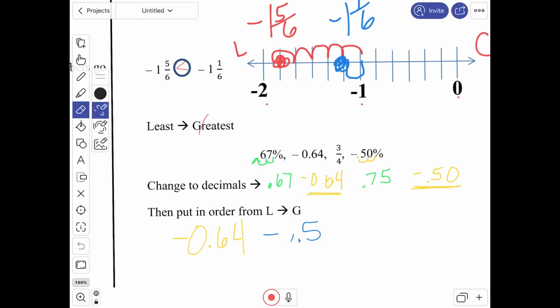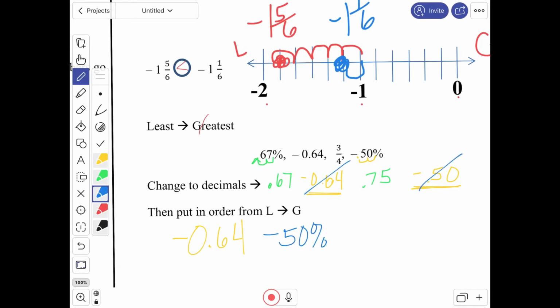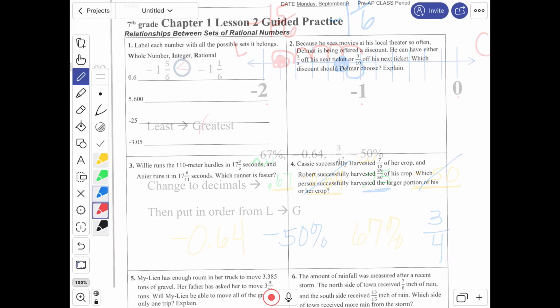I do want to write it in what it was originally. Originally it was 50%, so write it as 50%. So I've used those two, and now I'm just comparing the two positive numbers. And the smaller is going to be the 0.67, which was 67%. And then the next one is the 0.75, which was originally 3/4.